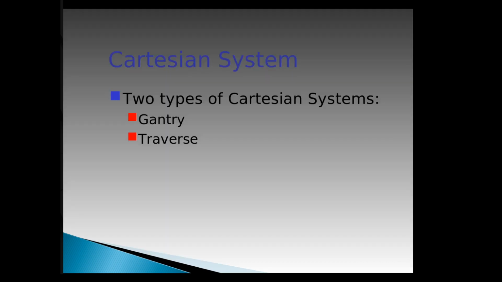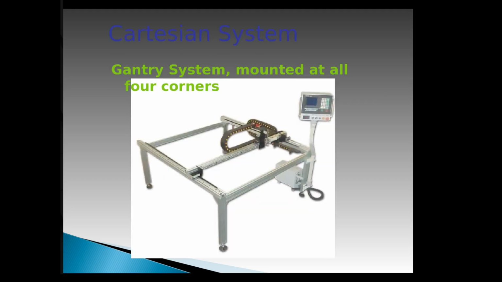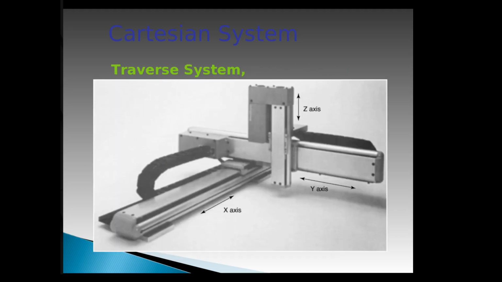Okay. There are two types of Cartesian robots, gantry and traverse. The gantry system basically has all 4 points mounted, and so the box, the work envelope that it can reach, is inside of these 4 stands. The traverse system, on the other hand, is usually just mounted at one point, like on a pole, and so it can traverse through those.